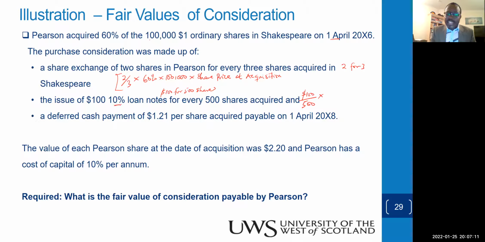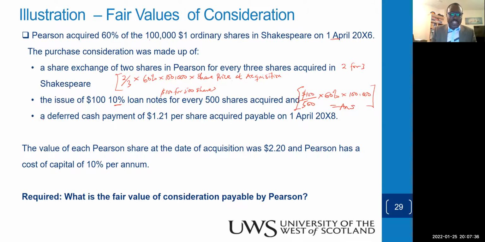The 10% is just the interest that we will pay on the loan, okay? Times the 60% shares that we are holding, times how many shares of the subsidiary? 100,000. So this one is clearly done. We can easily calculate this and get the answer. But here we are here to find the share price. That's why I have left it hanging.